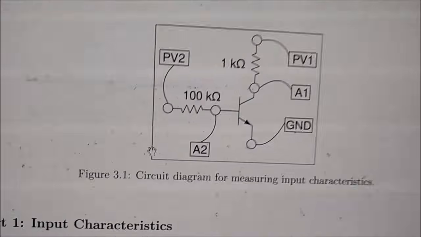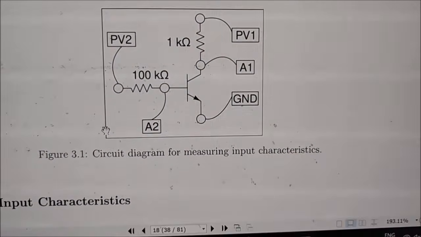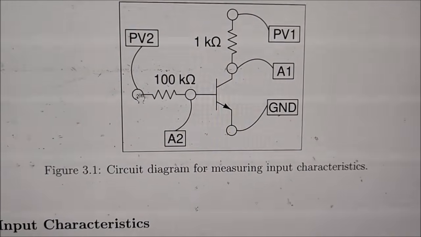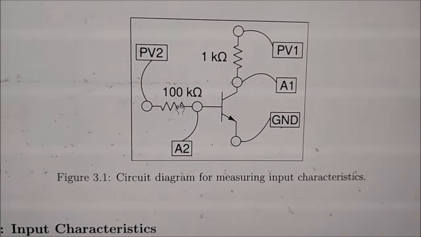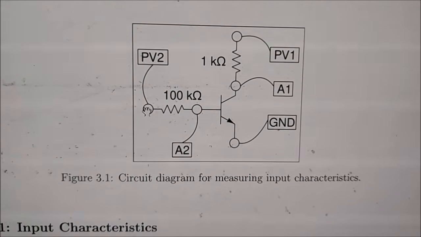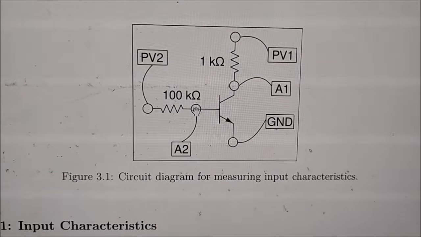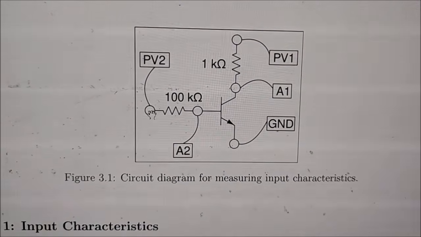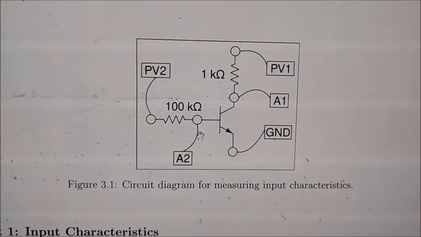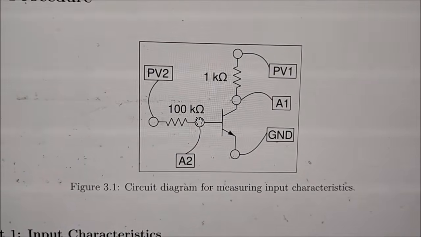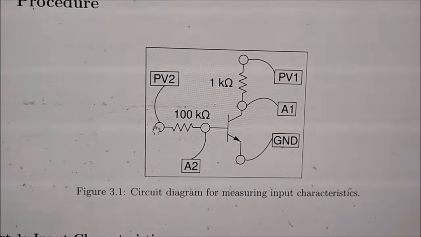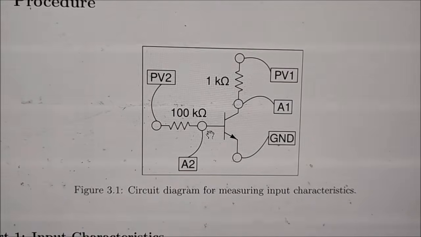If we want to know the base current, how can we find it here? If you look at this 100 kilo ohm resistance, across this PV2, this is our applied voltage, and this A2 is the measured voltage. Let's say here I am applying 2 volt and here I am observing 1.5.